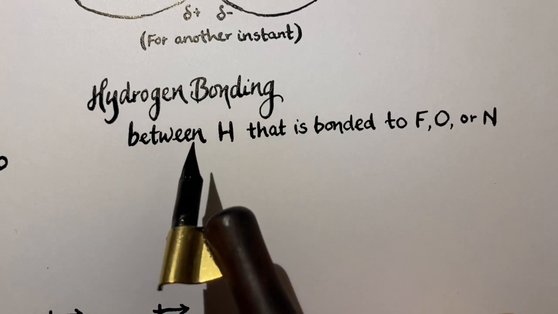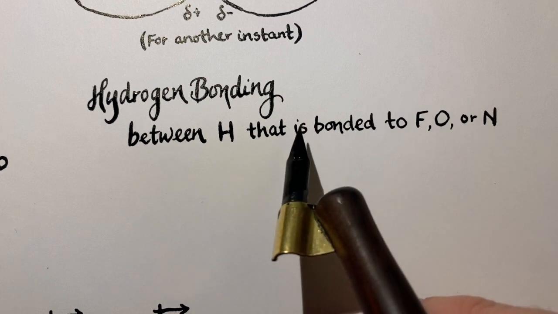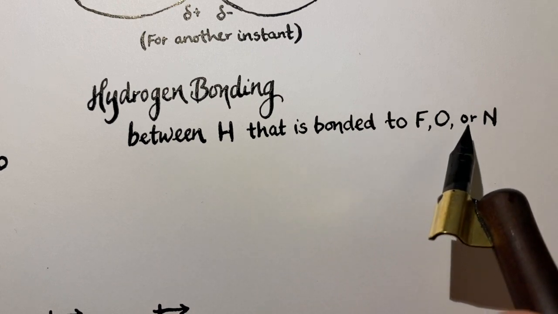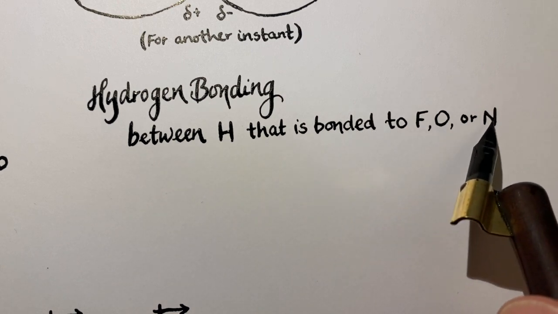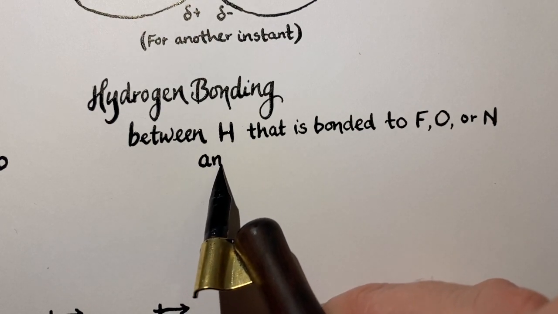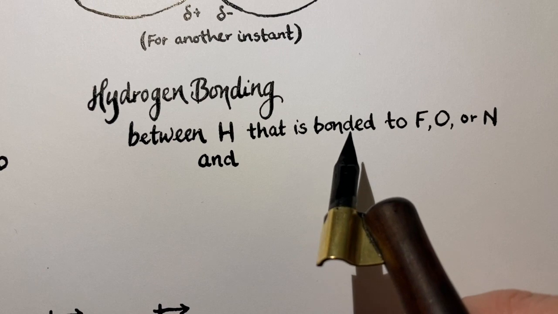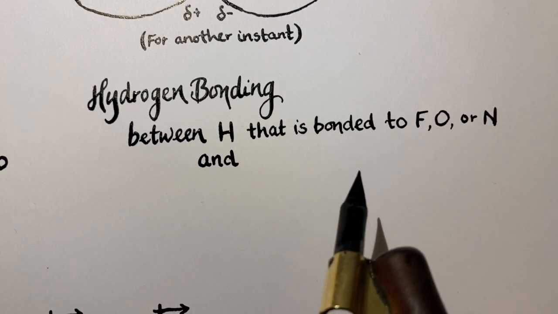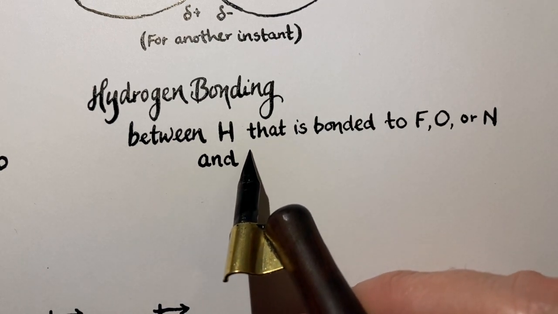Okay, so it's between hydrogen, and then here's our qualifier. It has to be bonded to one of these. And specifically the lone pairs.